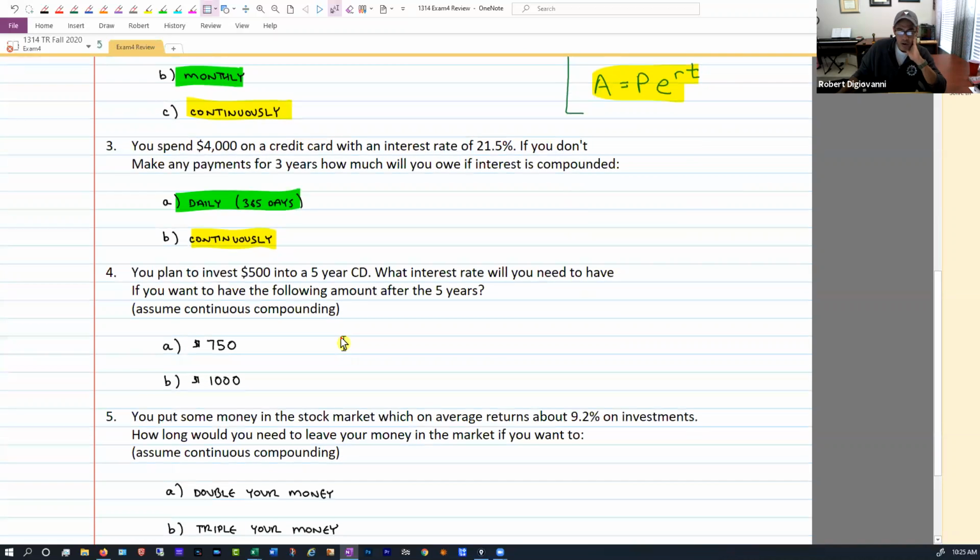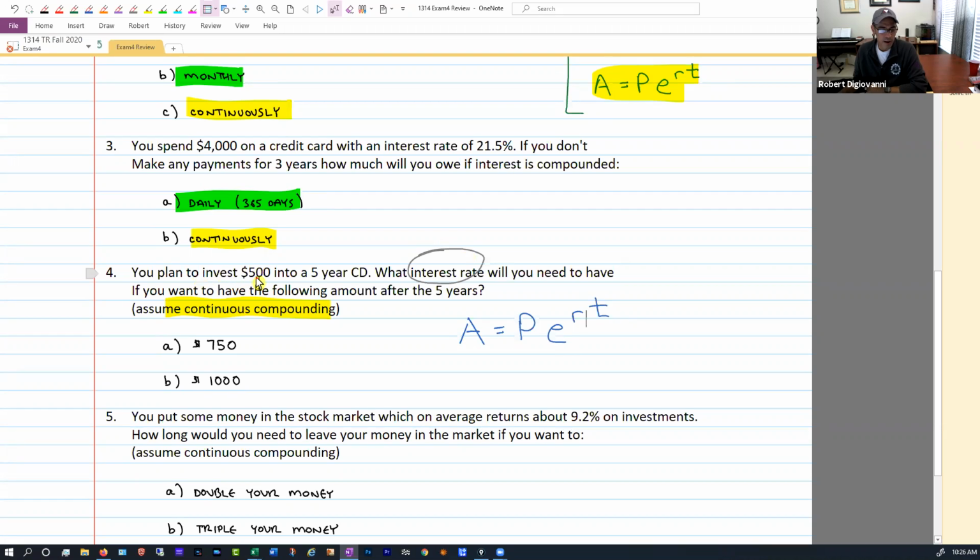Now, number 4 says you want to put $500 into a 5-year CD, and it asks for the interest rate that you'll need in order to have, well, there are 2 questions here, $750 at the end or $1,000 at the end. And it says it's compounded continuously. So that means we want to use this formula.